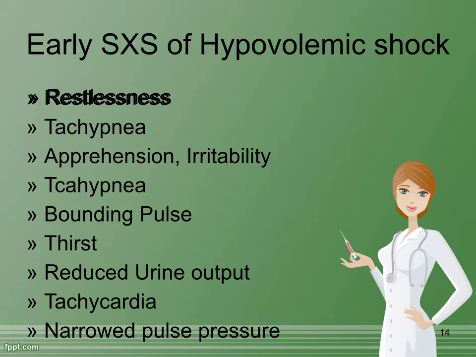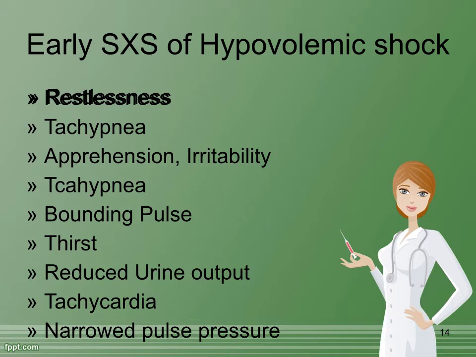And so thirst is a very basic compensatory mechanism when the body wants to replace the fluid volume and there is a hemoconcentration. Reduced urinary output: the kidneys will sense the low circulating volume and they will begin to reabsorb water, and they will decrease the amount of urine being excreted to offset the existing hypovolemia.